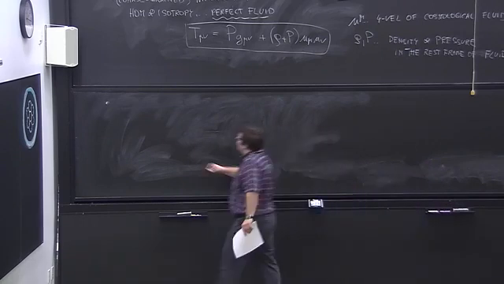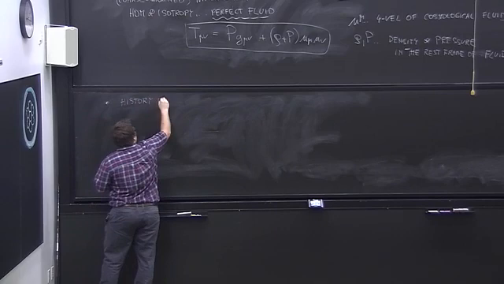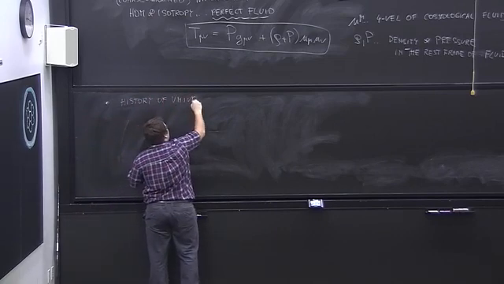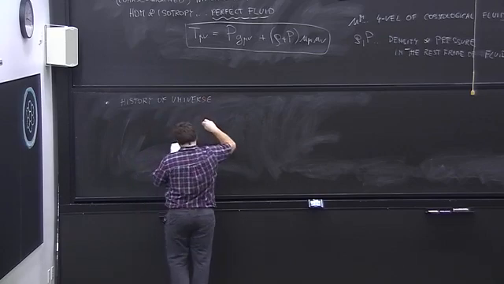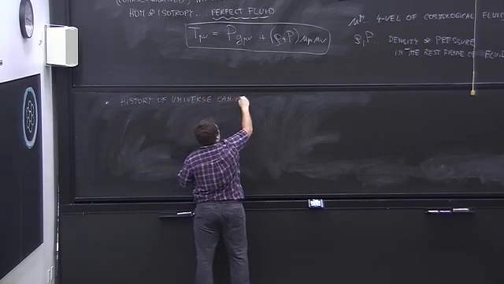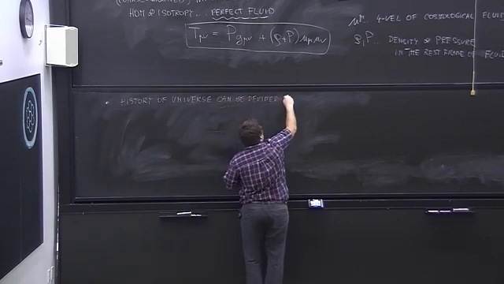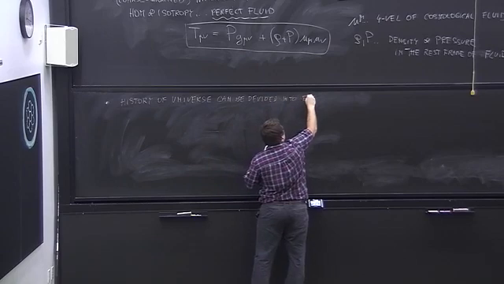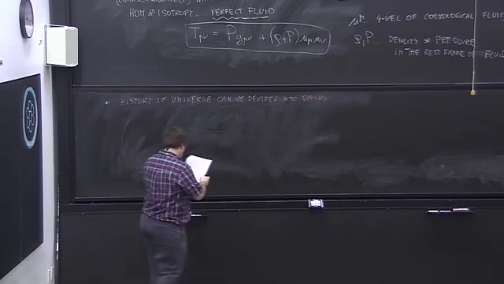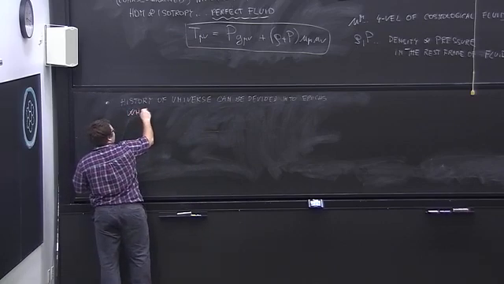So the history of the universe can be divided into epochs where one component dominated.